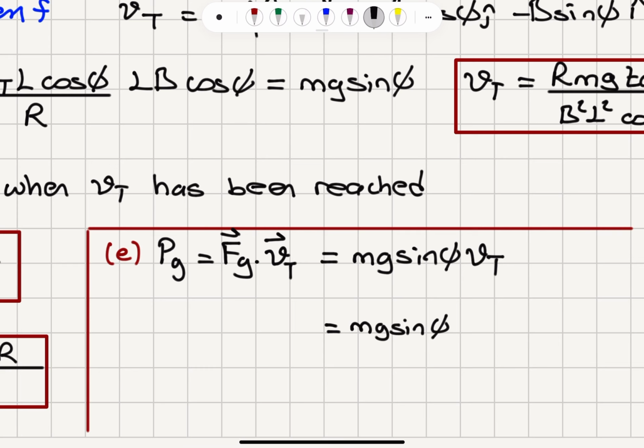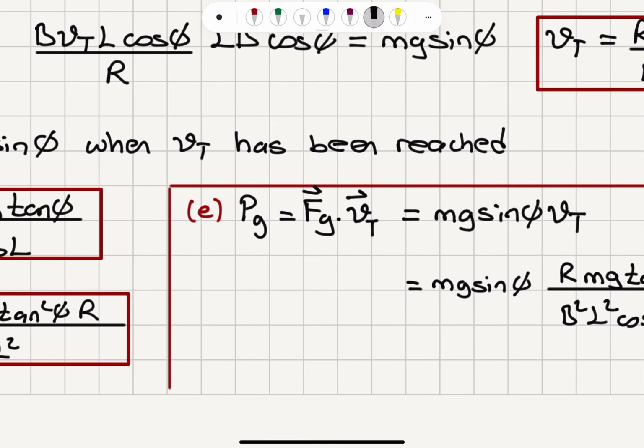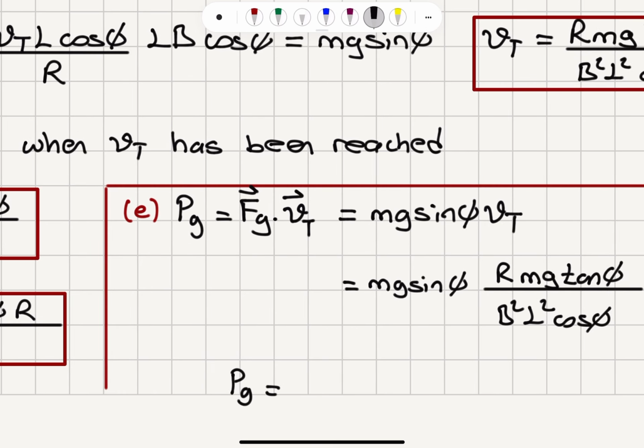The terminal speed was found in part B, capital R mg tangent phi divided by B square L square cosine phi. And if I rewrite this as my final answer, it's going to be 2 m's and 2 g's, so m square g square.